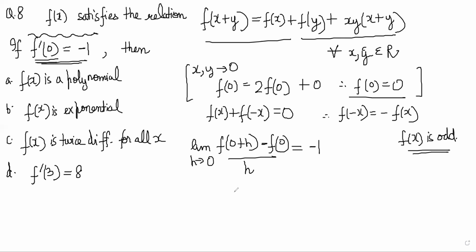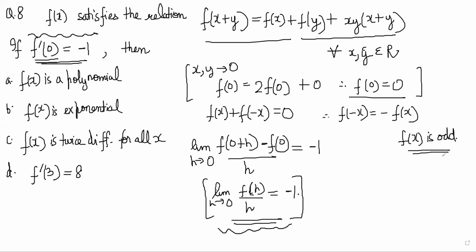So this is basically saying limit of h tends to 0, f of h by h is equal to -1. So this is a new fact that you know now. So you know f of 0 is 0, you know this limit is -1, you know f(x) is odd. So what else can you do now?